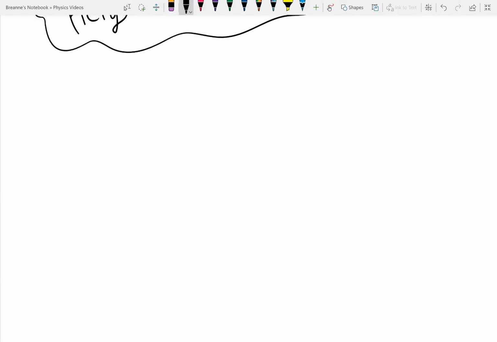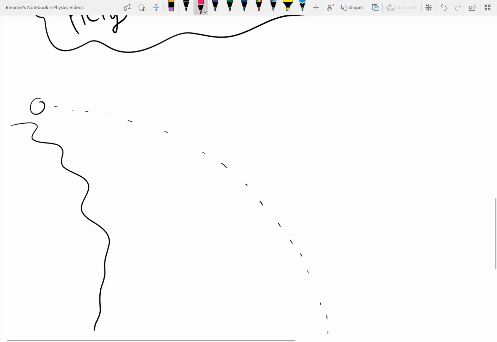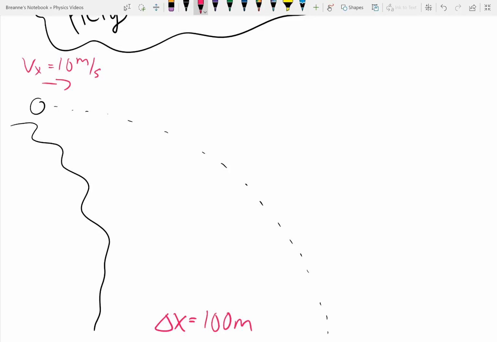So again, we're going to stick with the same kind of issue here. We have a ball that's rolling off a cliff. Let's say that the velocity in the x is 10 meters per second. The distance it traveled is 100, I like easy numbers, meters.